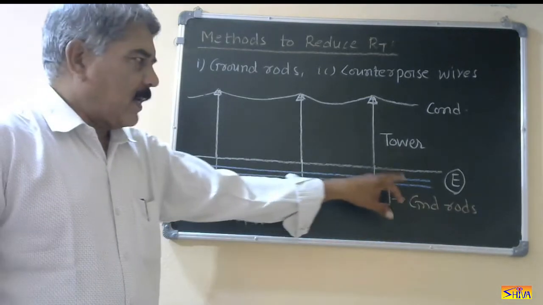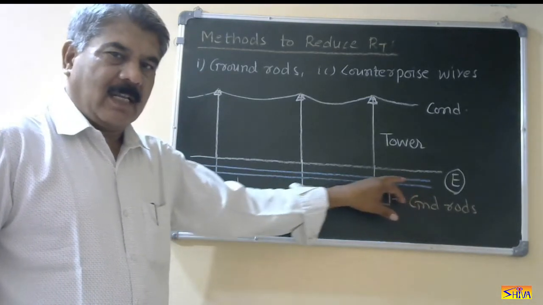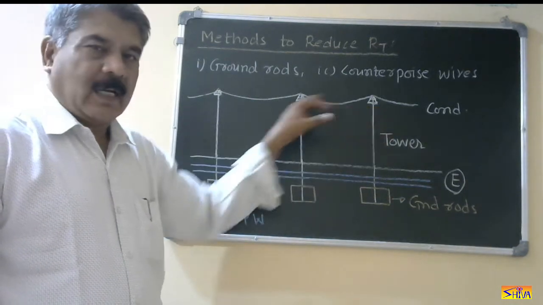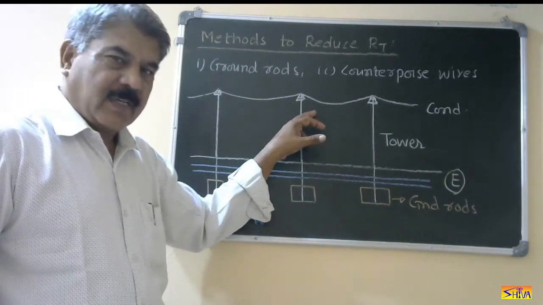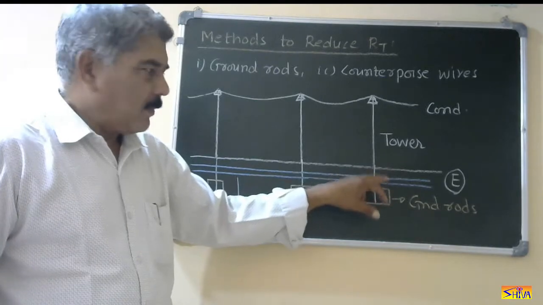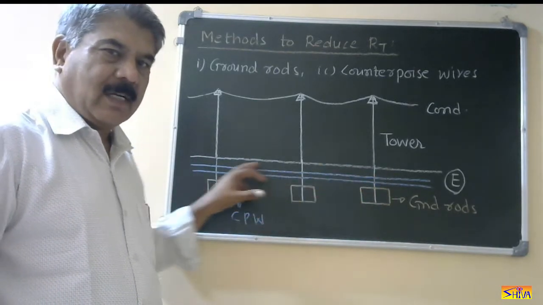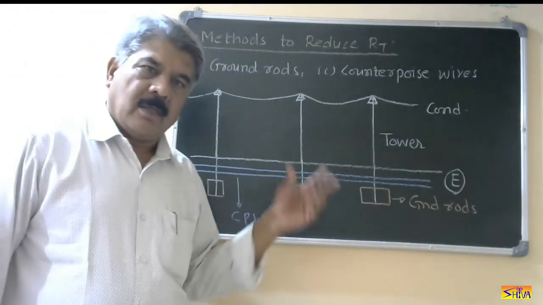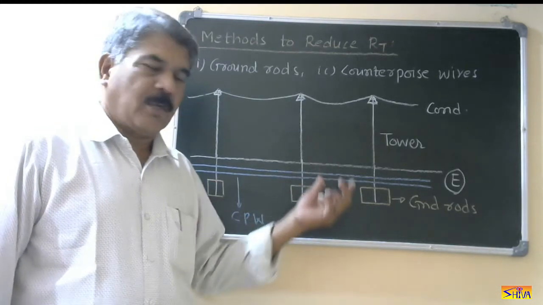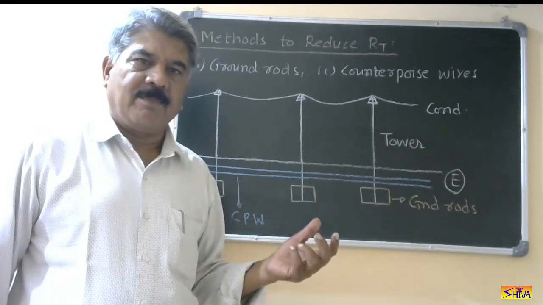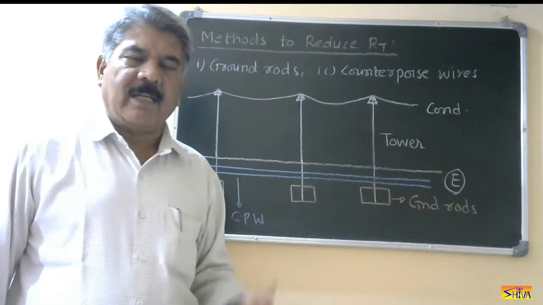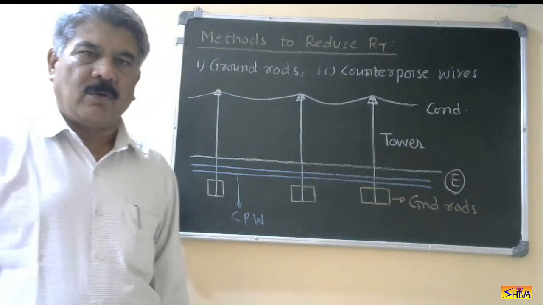Then counterpoise wires are the wires. They are running parallel to the conductors or transmission line inside the ground and they are connected at regular intervals to the towers. Again, number of these counterpoise wires are decided by the criteria how much tower footing resistance we want to reduce.